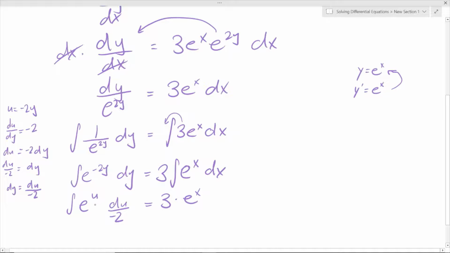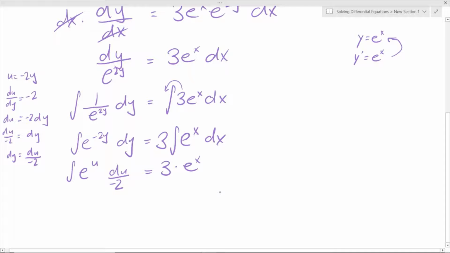And we will have to add a constant c once we integrate both of these. We haven't integrated this side yet, but we can add the constant c later, once we integrate both sides. So here we see this is -2, so we can bring this out. It's basically -1/2, and then this is e to the exponent of u du, equals 3 times e to the exponent of x.